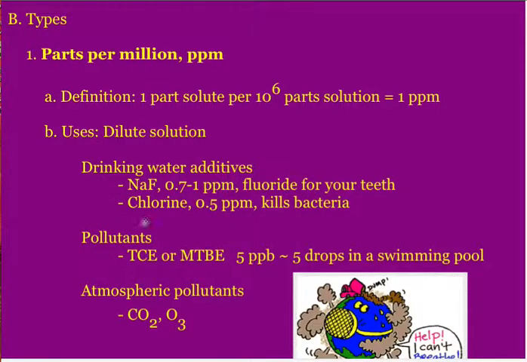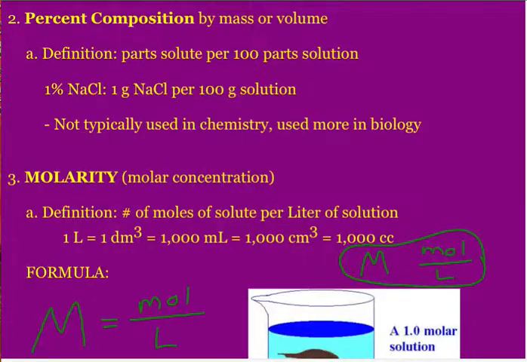For example, city water drinking water additives would be measured that way, as would some atmospheric pollutants. But if you see ppm or ppb, it's just a way of measuring a concentration, and hopefully a low concentration on most of them.